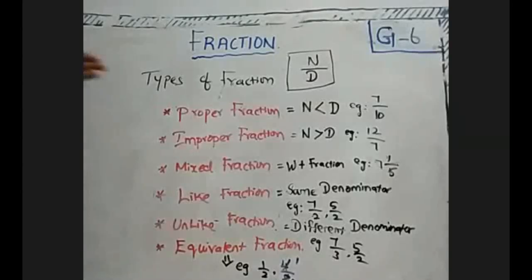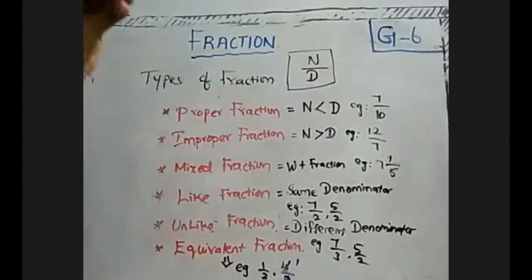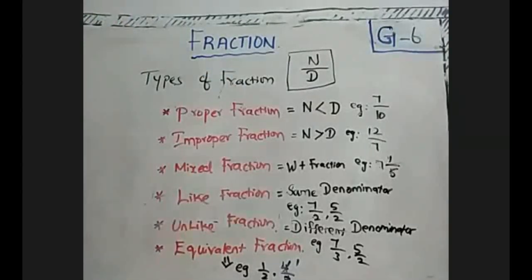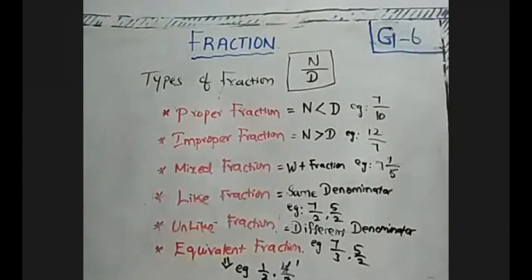Okay. So these are the types of fraction. Proper means the numerator must be smaller than the denominator. Improper means the numerator must be bigger. Mixed means a whole number plus a fraction should be there. Like means the same denominator. That is called like fraction.